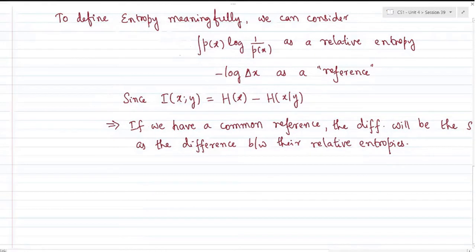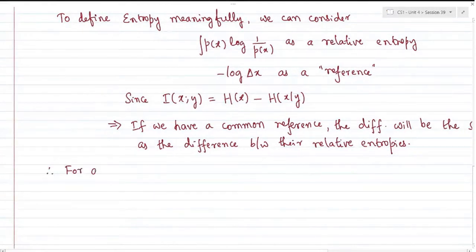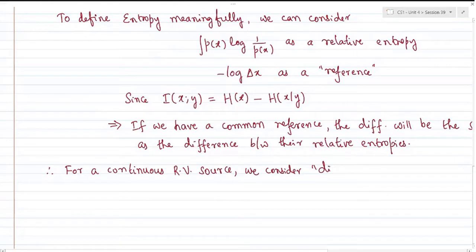Therefore, for a continuous random variable source, we consider differential entropy.